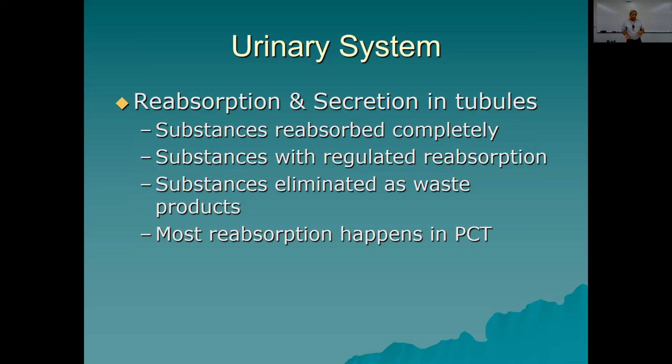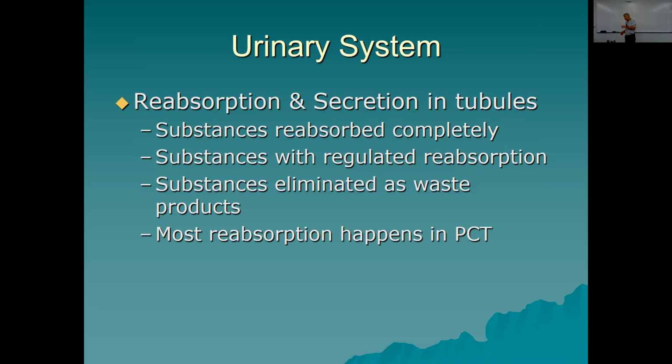The blood leaving the kidneys still has urea in it. It doesn't clear your body completely of urea. I think it takes out about 40% or something. And then also uric acid and creatinine. These are eliminated as waste products.